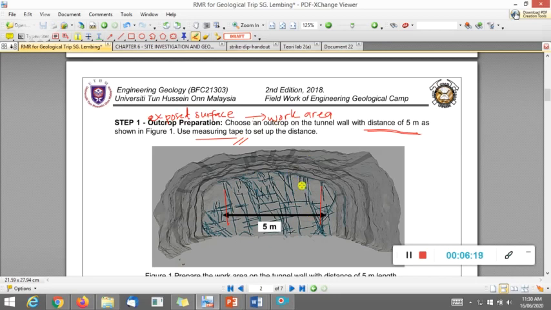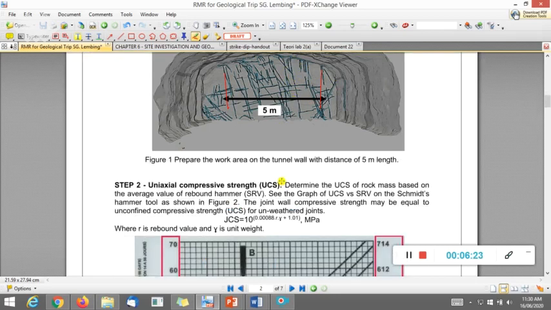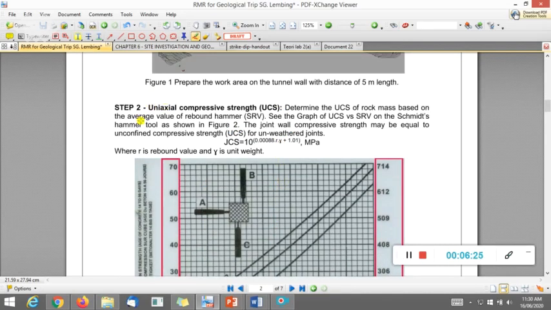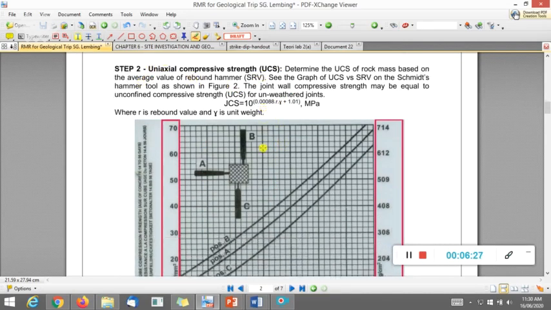After you have your work area, step 2 is to determine the UCS. To determine the UCS, you can use the rebound hammer. In this figure, A, B and C are the locations where you conduct the test.